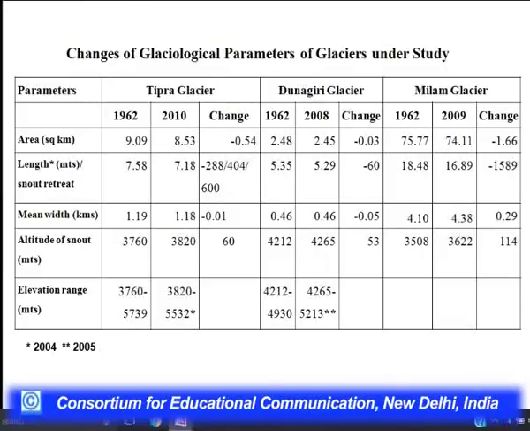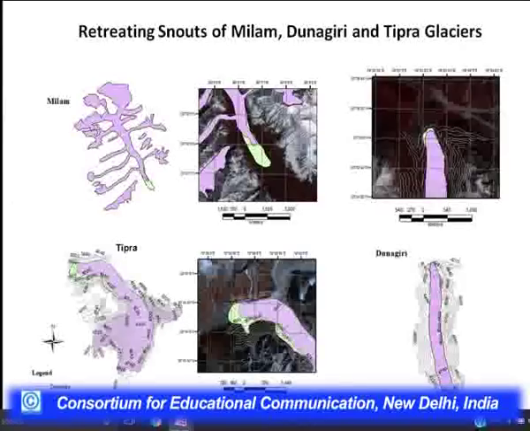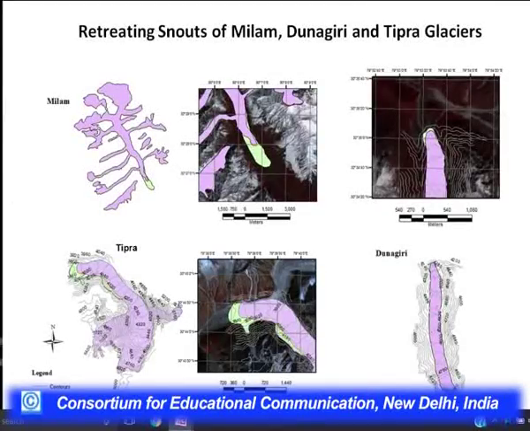Elevation also ranges, because the elevation region of Tipra is 3800 to 5500 and Dhaulagiri has a little less range, and here is the map. Retreating snouts of Milan, Dhaulagiri and Tipra glaciers, and the green color you can see is the bucketed glaciated area. So, now you can understand how much impact this retreating nature can bring downstream.